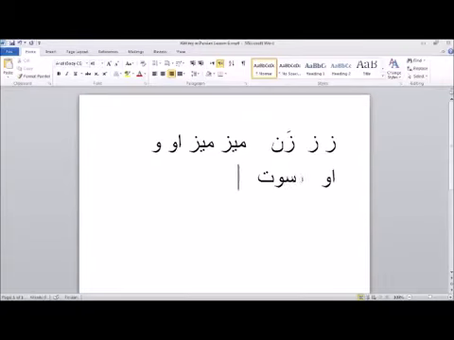Remember that this vav, pronounced u in this case, is actually a non-connector and it can't be connected to the following letter.